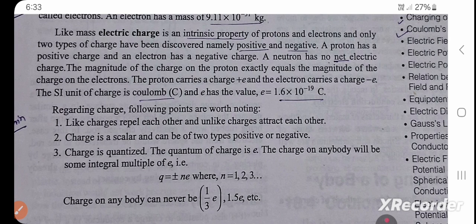They contain charges of equal magnitude and opposite sign. The proton carries plus e and the electron carries minus e. The SI unit of charge is the coulomb, and the electron charge has the value 1.6 × 10^-19 coulomb.